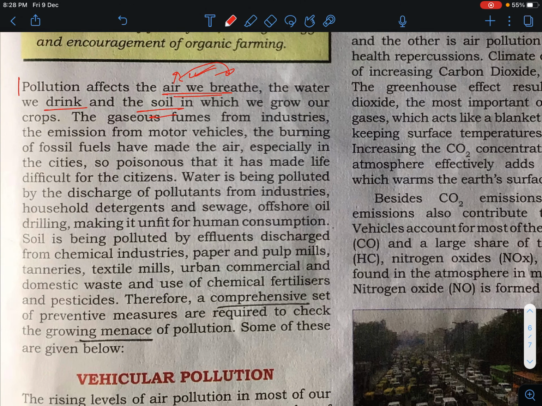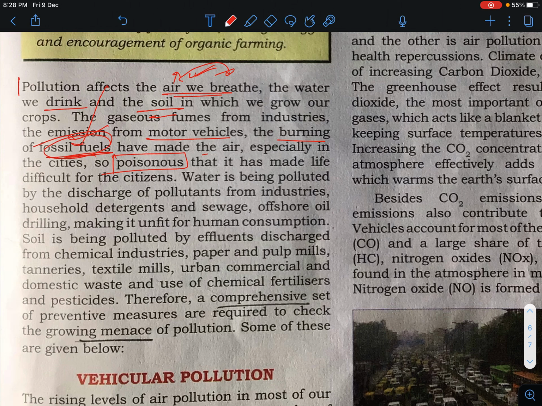The gaseous fumes from the industries, the emissions from motor vehicles, and the burning of fossil fuels have made the air, especially in the cities, so poisonous that it has made life difficult for the citizens. The burning of fossil fuels means the burning of petrol, diesel, and other natural gas.